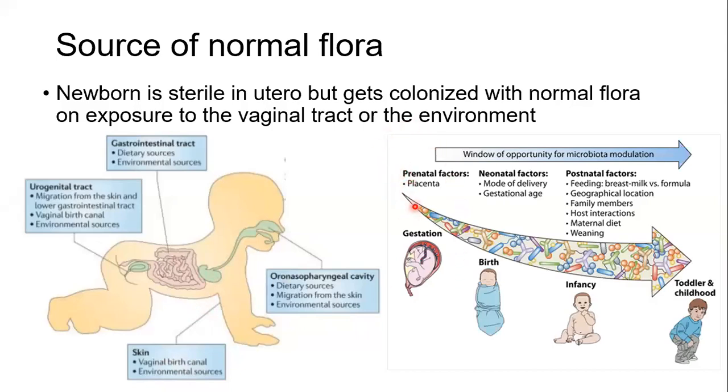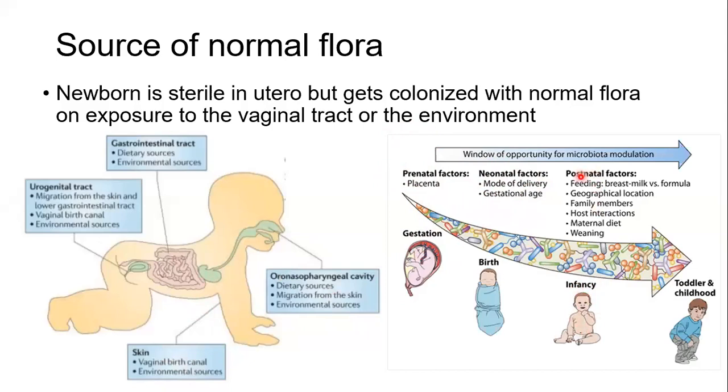So in utero, they don't have any. As they get through the system and at birth, they tend to acquire, depending on the mode of delivery, also on the gestational age.